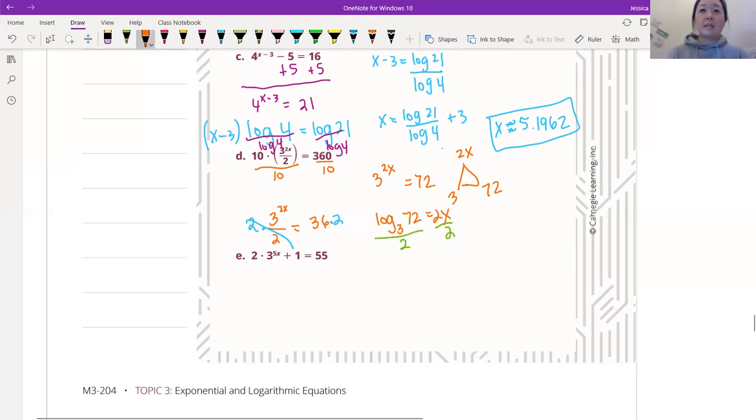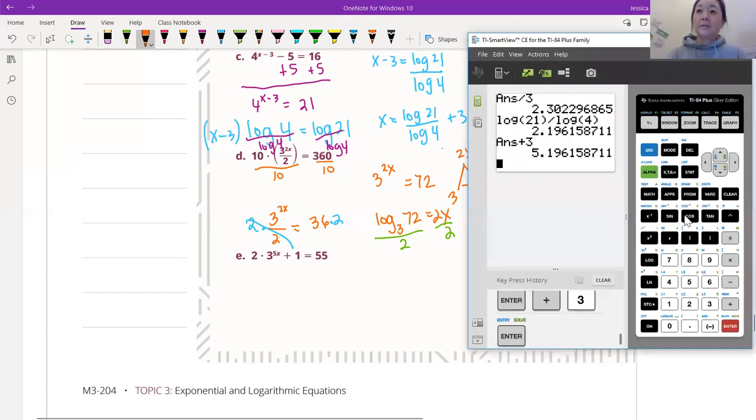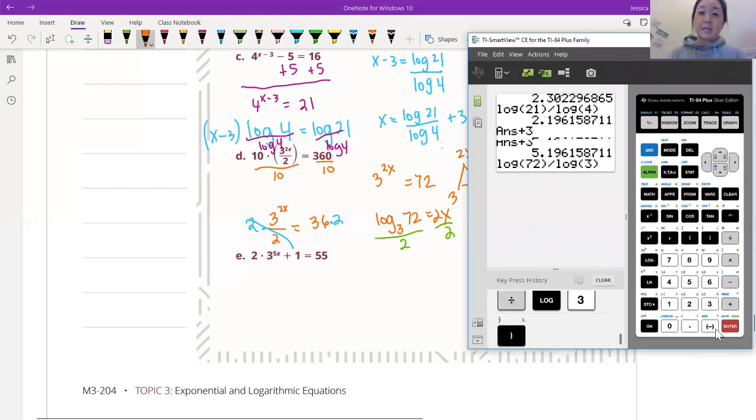All right, so I get x is equal to, let's try it out. Log of 72, so I'm doing this now in my calculator, divided by log of 3, right, end parentheses, I'm going to push enter.